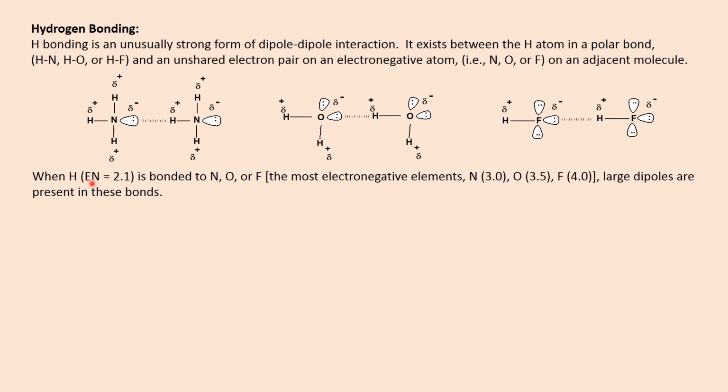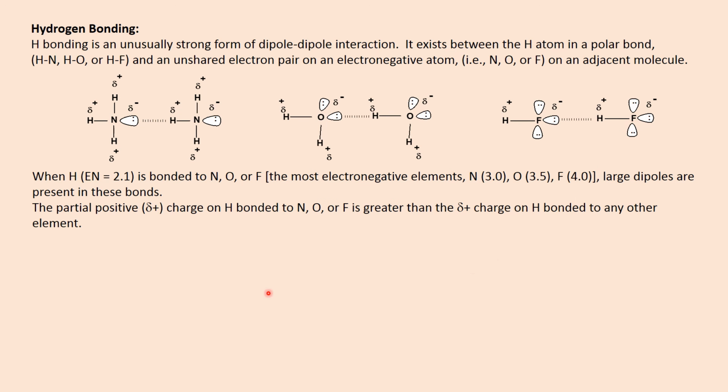So when hydrogen, electronegativity 2.1, is bonded to nitrogen or to oxygen or to fluorine, and these are the most electronegative elements, 3.0, 3.5, and 4.0, then we have large dipoles between hydrogen and nitrogen, oxygen, or fluorine. The partial positive charge on the hydrogen that's bonded to nitrogen or oxygen or fluorine is greater than the positive charge on hydrogen bonded to any other element.